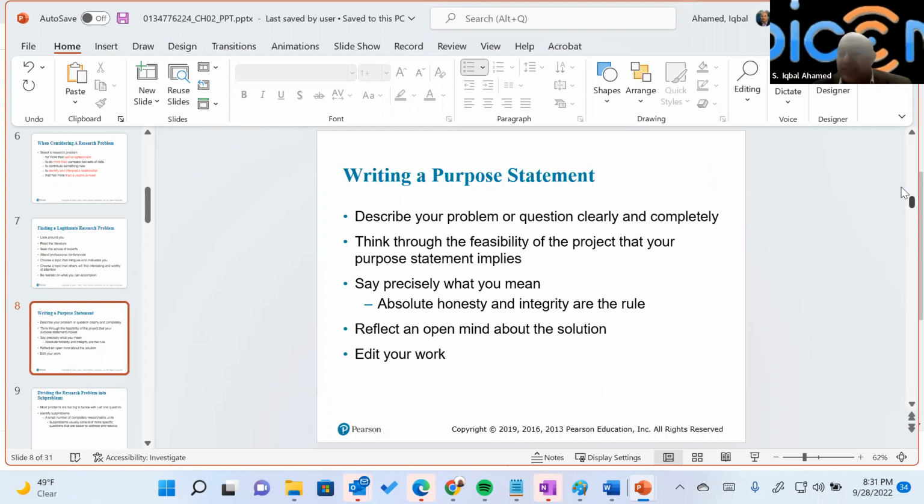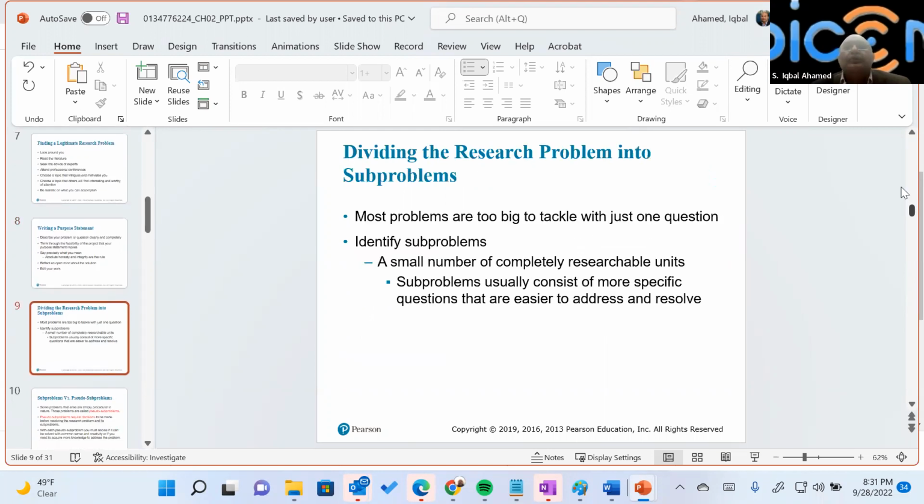It's a purpose statement. Okay, so the rule is that your particular problem, you try to split into sub problems. A lot of the time you are trying to address too big a problem, and if it is too big you cannot solve it with one question.